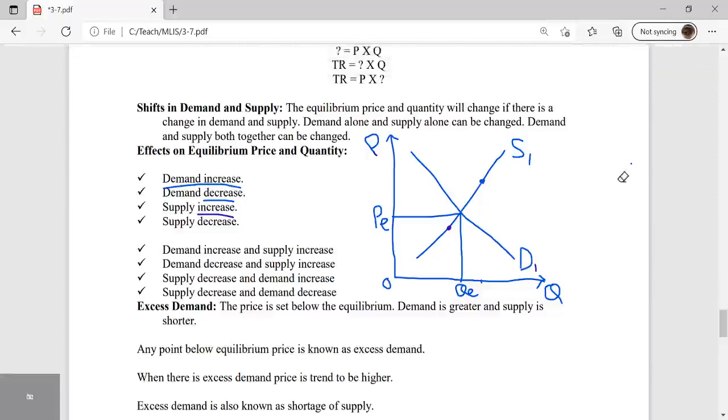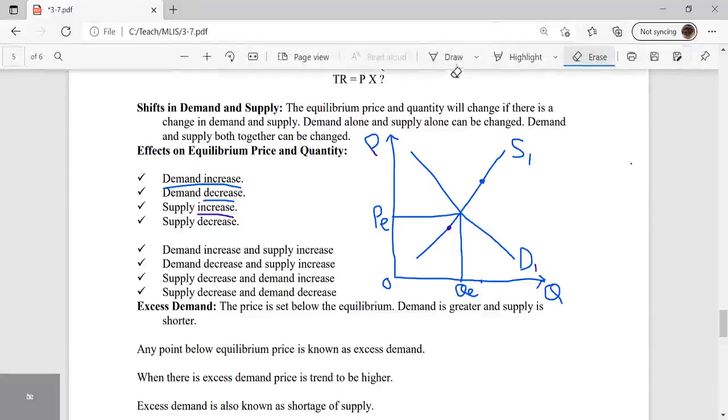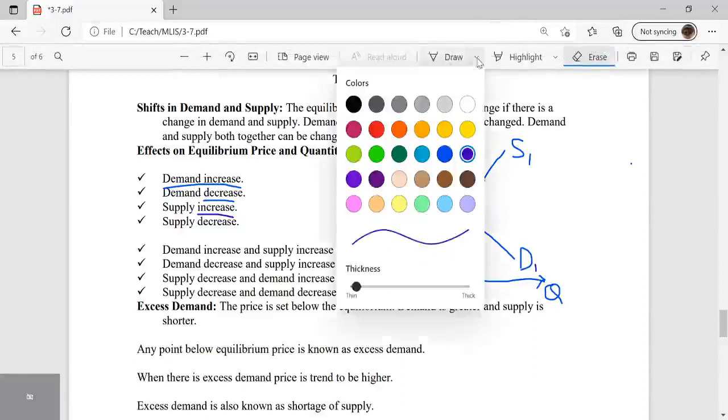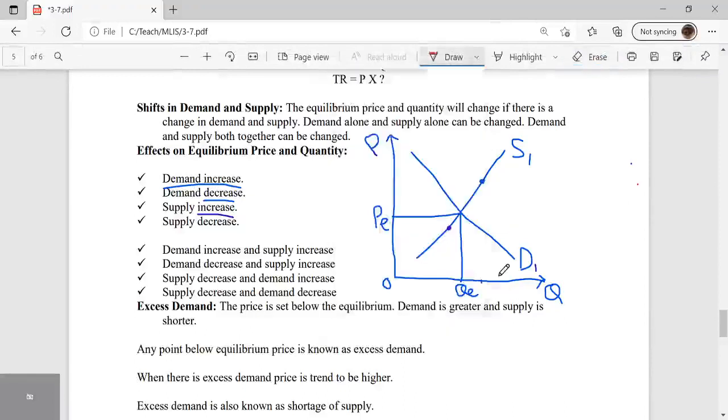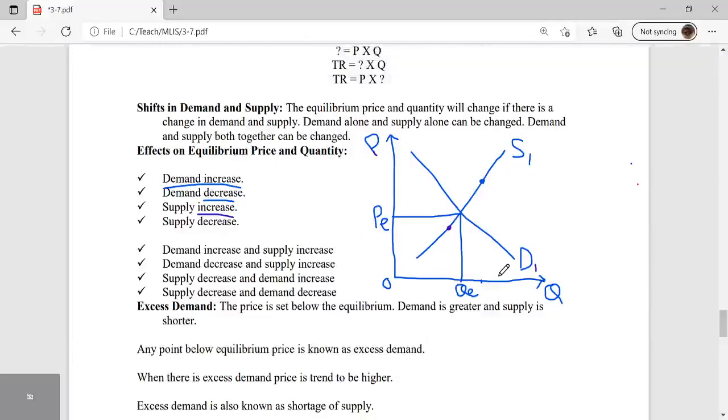Supply is improving. Let's have an example: because of technological advancement, the supply is increasing. Let's choose another color, red. What will happen to the supply? It will increase, right? So it will shift to the right.